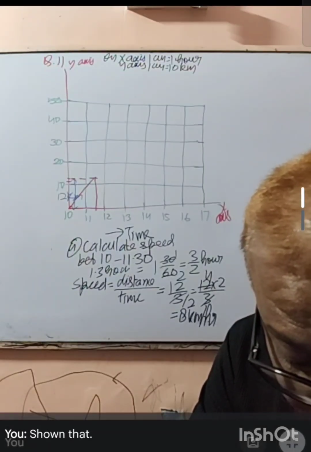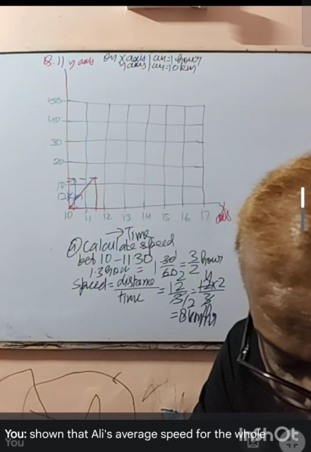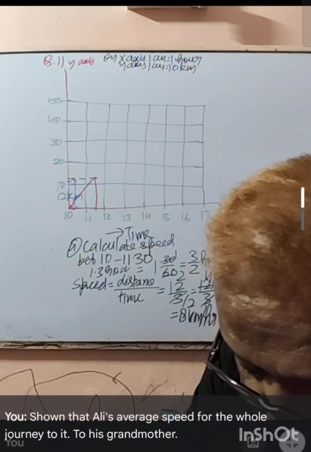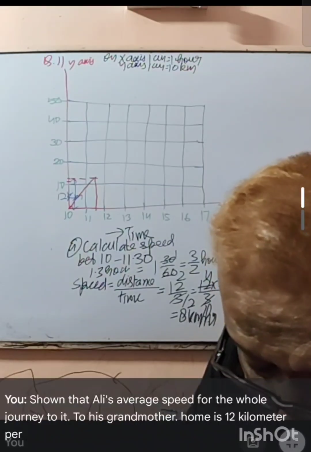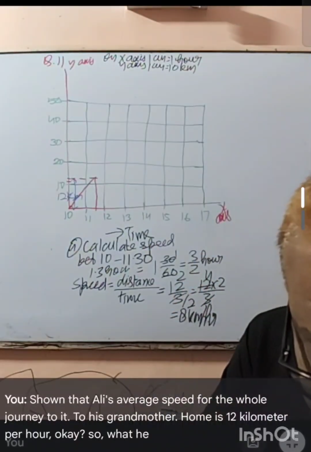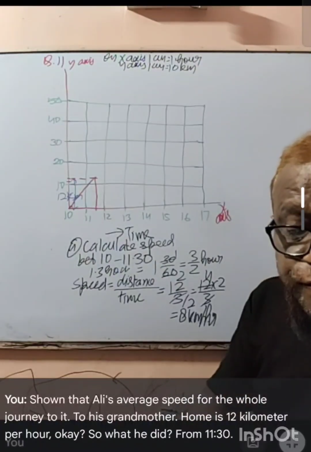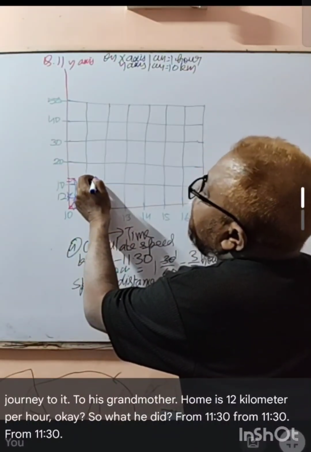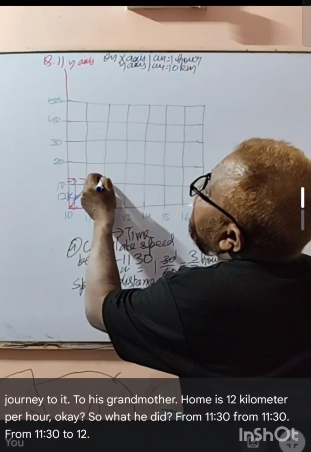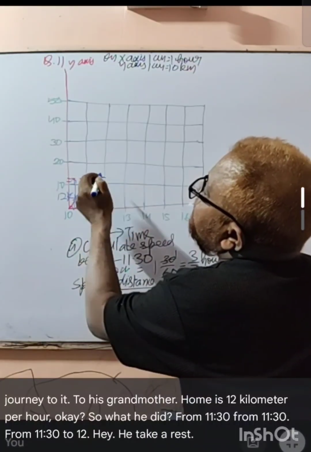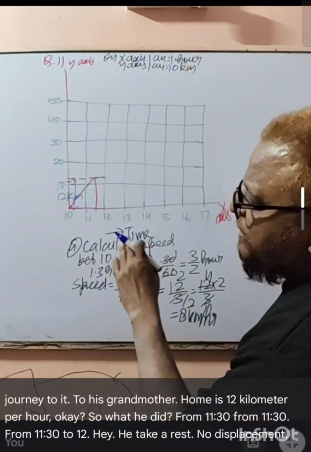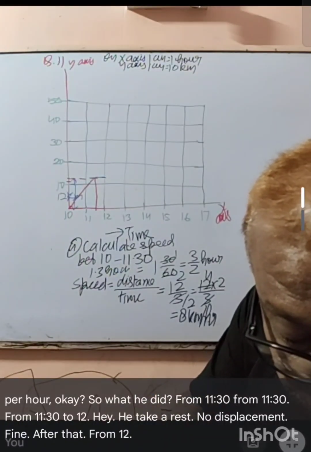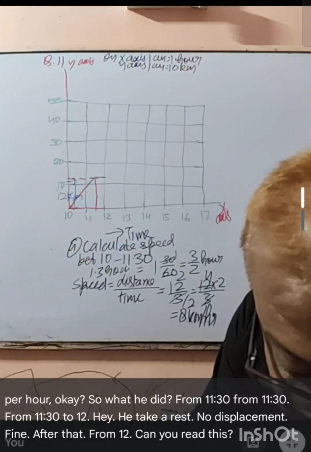Show that Ali's average speed for the whole journey to his grandmother's home is 12 kilometers per hour. So what he did from 11:30 to 12, he took a rest, no displacement. After that, from 12 to 1, can you read this?